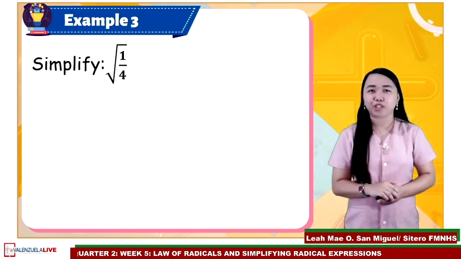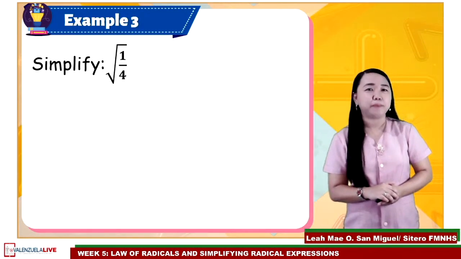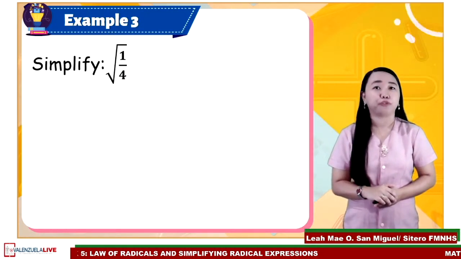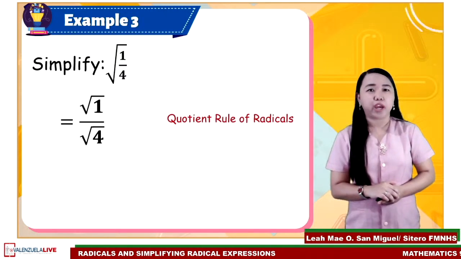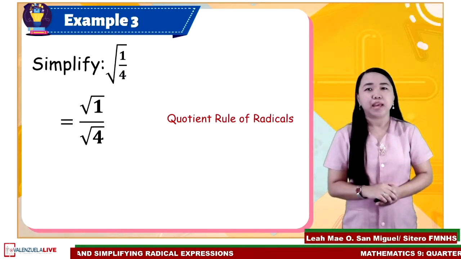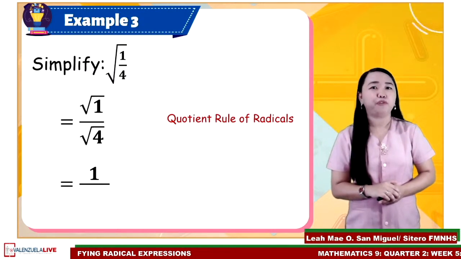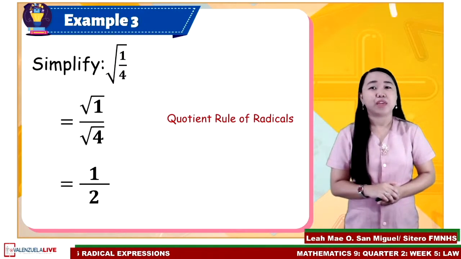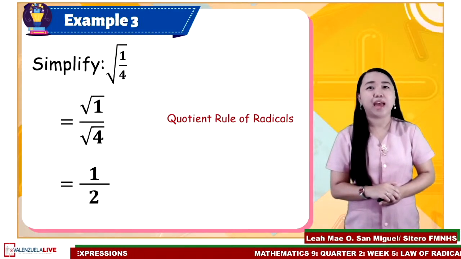Applying the converse of the quotient rule, express the numerator and denominator as the quotient of two radicals. Hence, it will become square root of 1 over square root of 4. Square root of 1 is 1, and square root of 4 is 2. Therefore, the simplified form is 1/2.